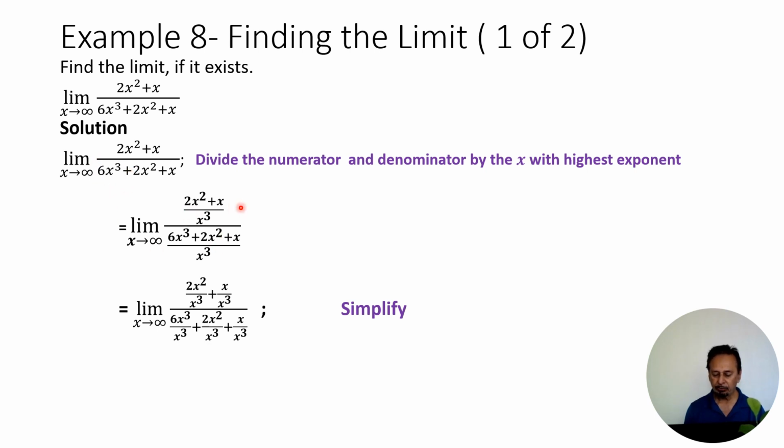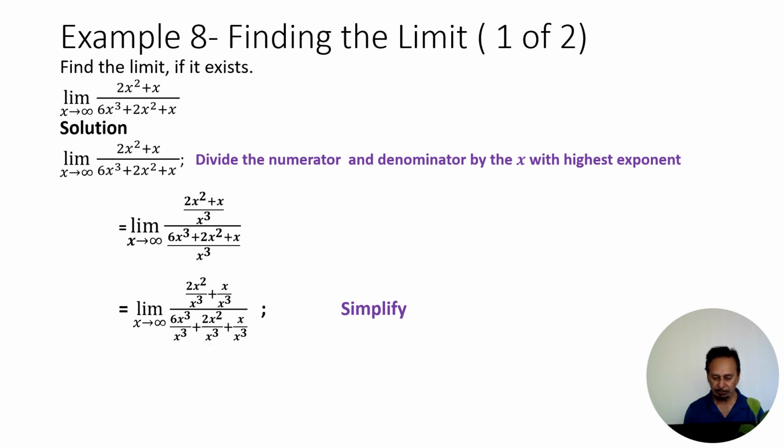So we have 2x squared plus x over x cubed, and on the bottom we have 6x cubed plus 2x squared plus x over x cubed. Now we divide individually. So you get 2x squared over x cubed, x over x cubed, 6x cubed over x cubed, plus 2x squared over x cubed, plus x over x cubed.